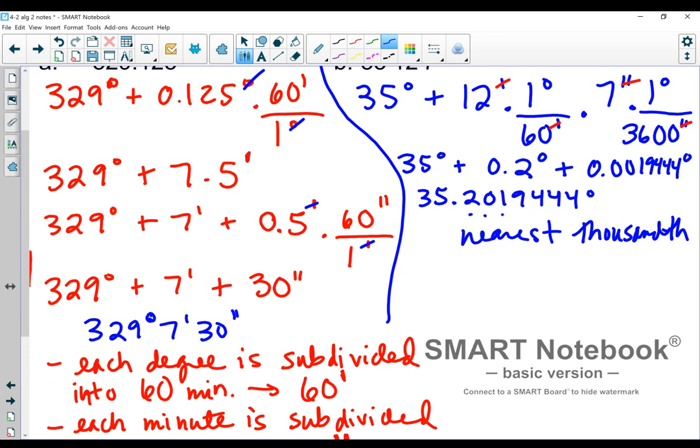So 201 would round up, and I'd have 35.202 degrees. Again, this is just a really small part of what we're doing. You're not even going to be tested on it later on, but it's just kind of working with units and fractions and degrees and getting a feel for how this works.